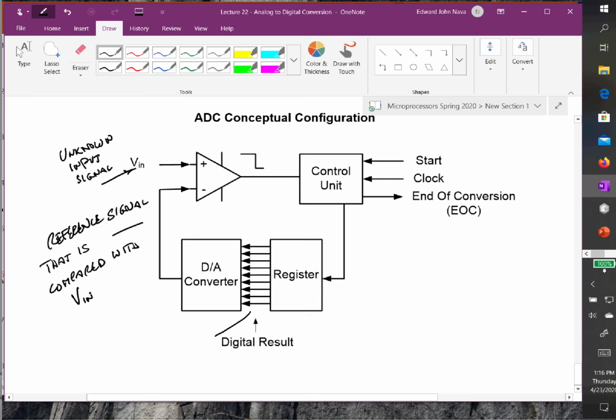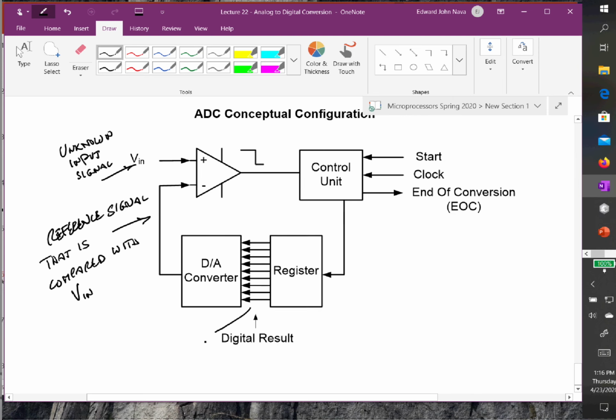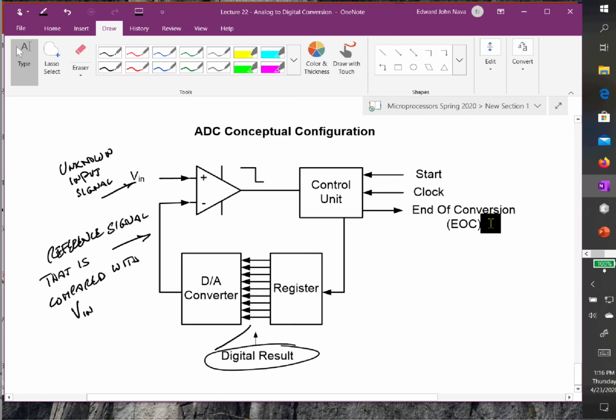I'm generating a signal that I want to compare, and I'm generating that internally. When I have finished, this is going to be the digital result. The last value in that register is going to be my digital estimate of this unknown input signal.